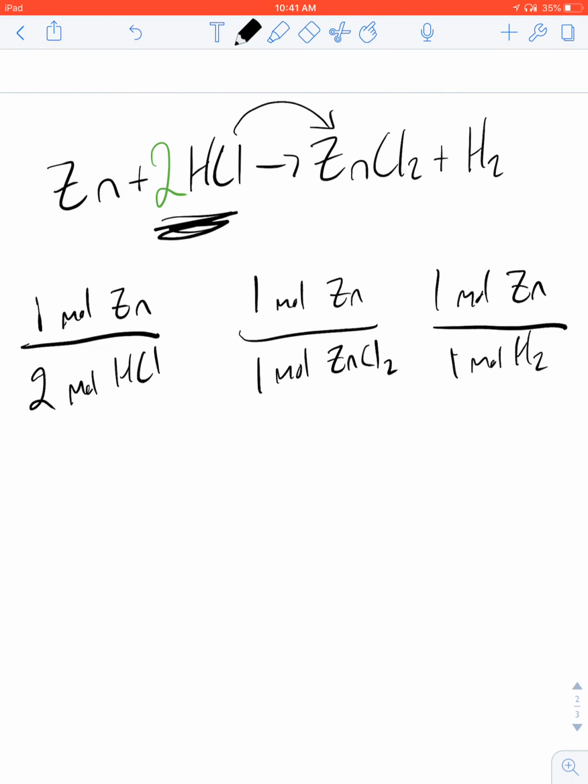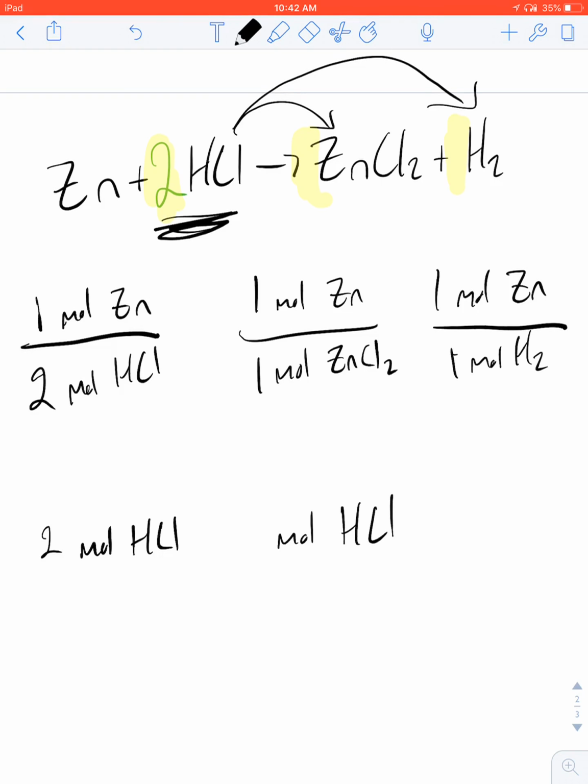So HCl to zinc chloride and to hydrogen gas, H2. Again, looking at the coefficients, all these have moles of HCl, and we know from the coefficients that there's 2 moles of HCl.